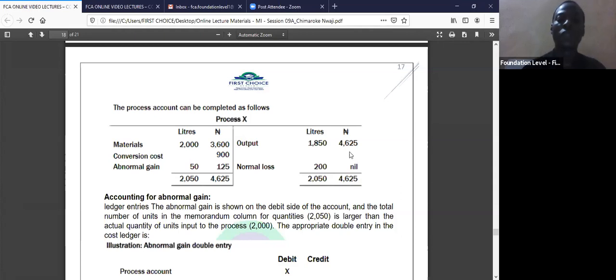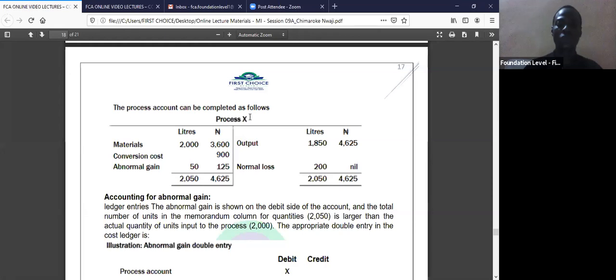And that would mean that the whole good output went to, the value here went to the good output, 4,625.